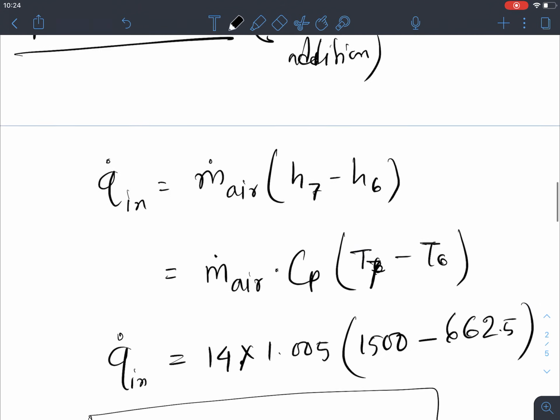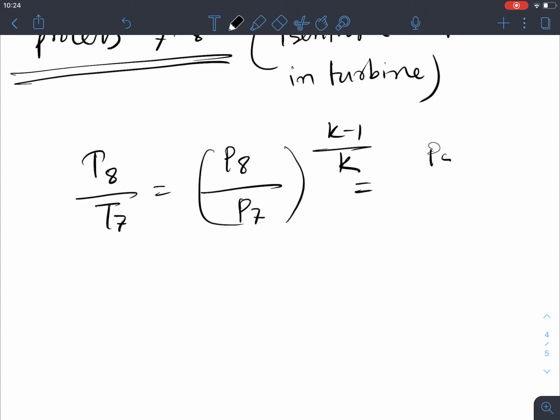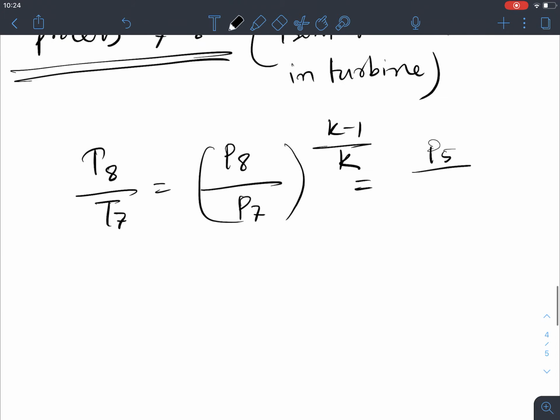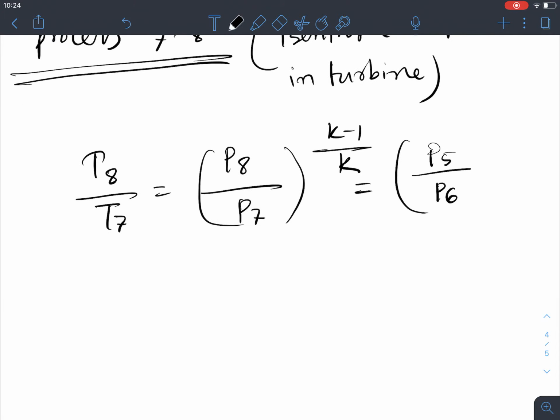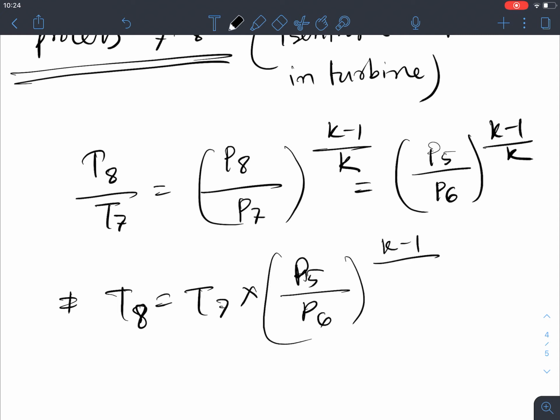So that means we can write this expression like this: T8 equals T7 times (P5 divided by P6) to the power (k minus 1) divided by k.